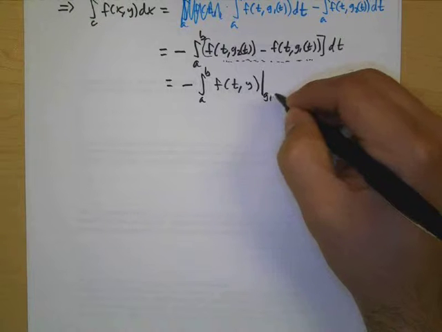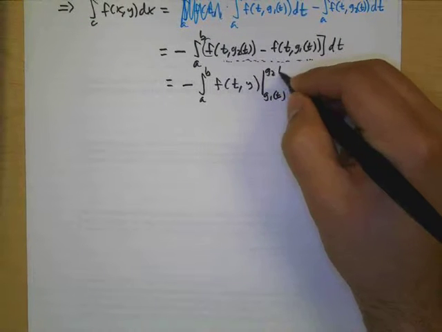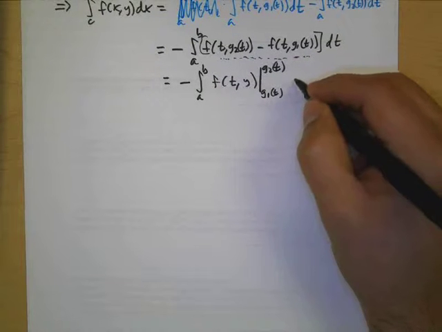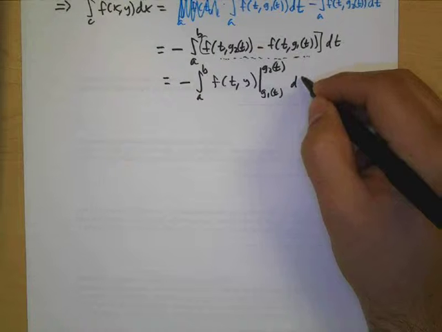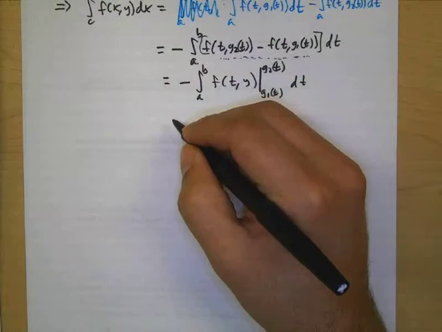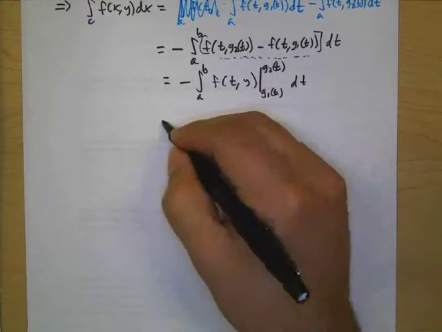So g1 of t and then g2 of t, dt. Almost there.